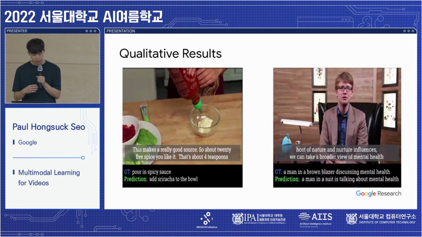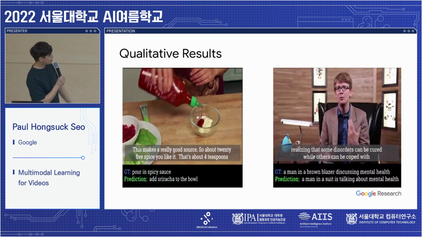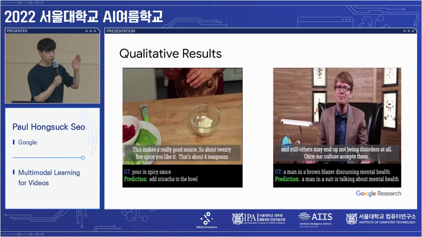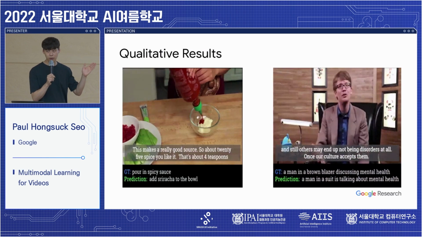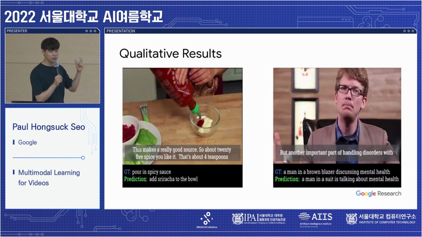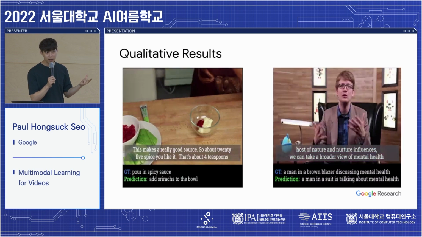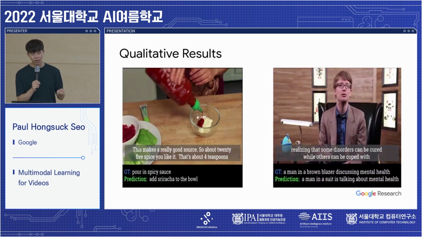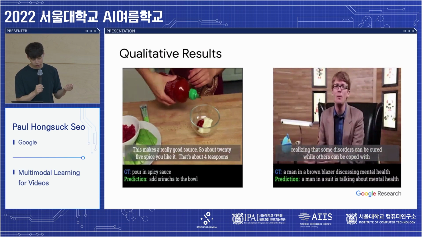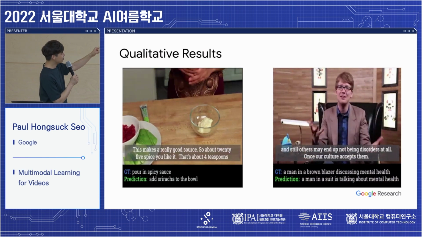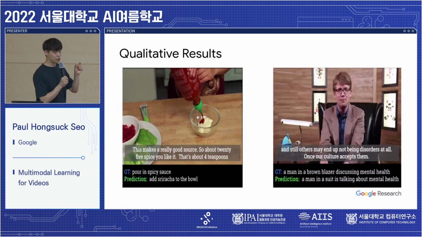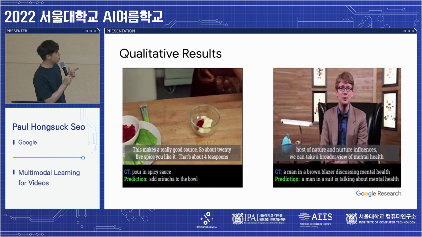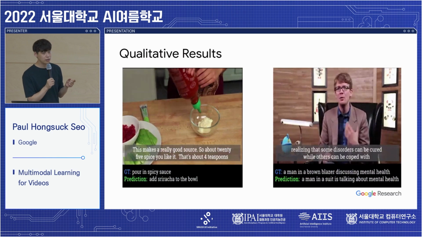And these are the qualitative results. In the left one, as you can see, the ASR actually made a mistake. Instead of predicting sauce, it recognized the speech as source. But by using visual information, the model was able to correct this. It not only corrected source into sauce, but it precisely predicted the name of the sauce, like sriracha in this case.